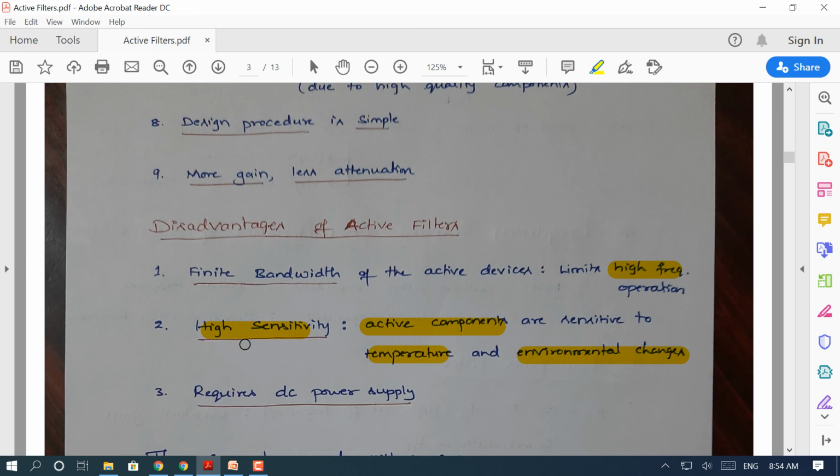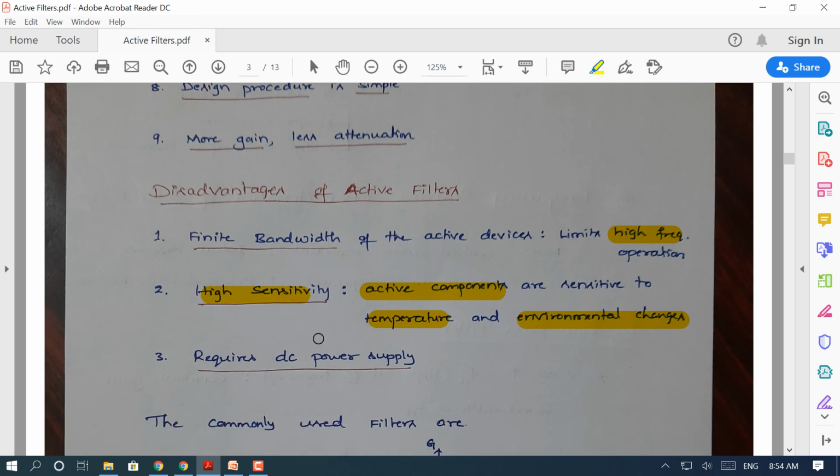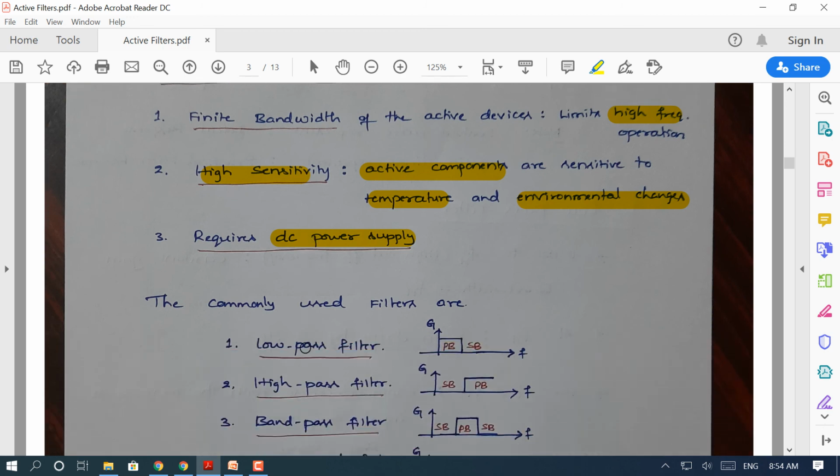Therefore, they are highly sensitive. And the third disadvantage is that active filters need a DC power supply, whereas a passive filter doesn't need this DC power supply. So this is another drawback of active filters.